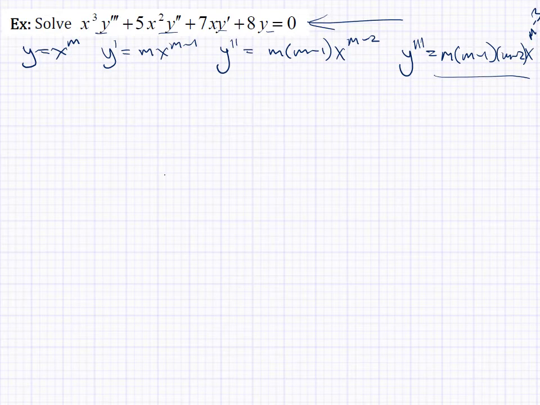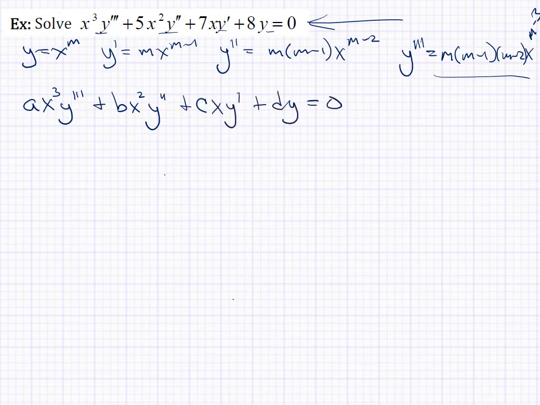So what do we have here? We have a standard Cauchy Euler that I'm going to work with, which is a x cubed y triple prime plus b x squared y double prime plus c x y prime plus d y equals 0.